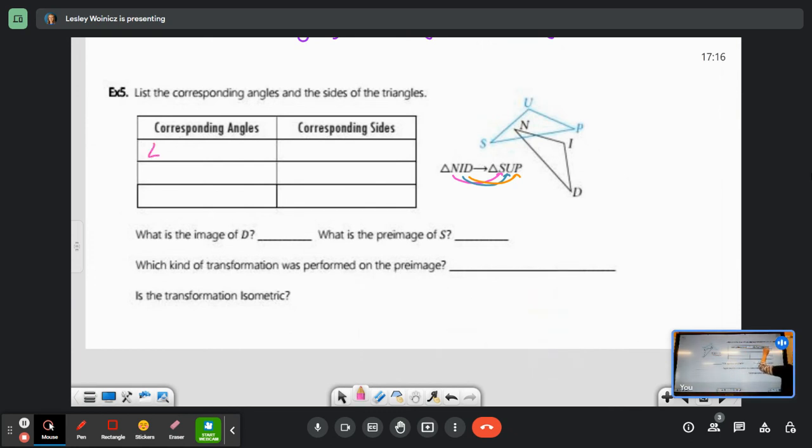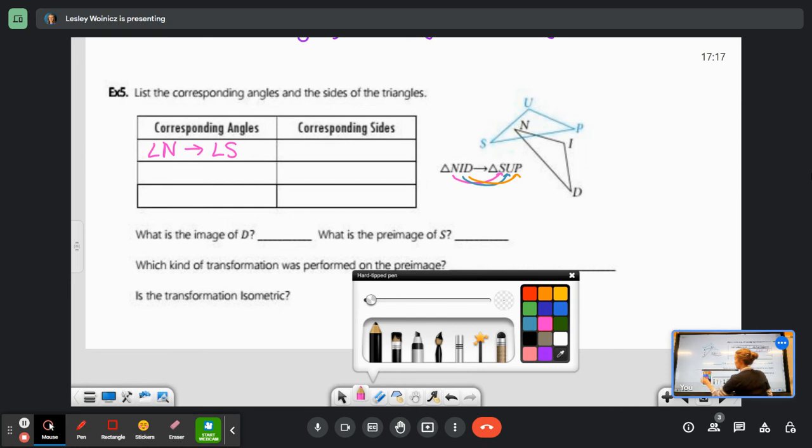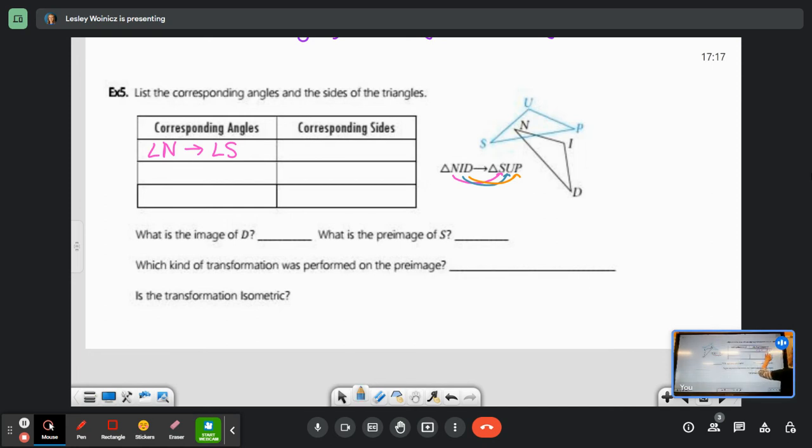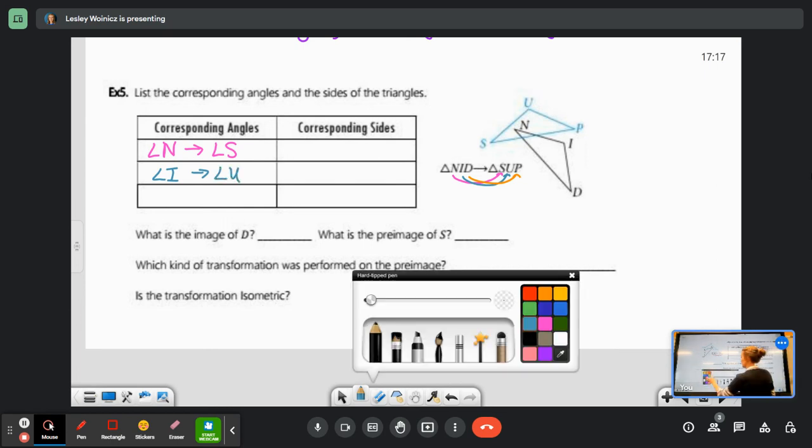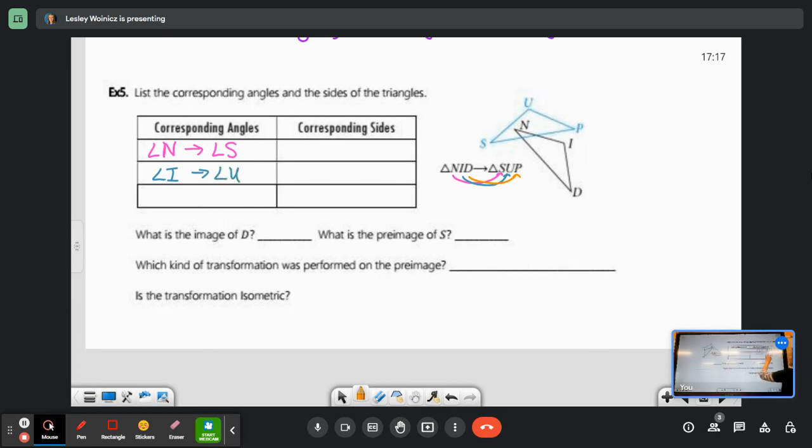So angle N maps to angle S. Angle I maps to angle U. Angle D maps to angle P.